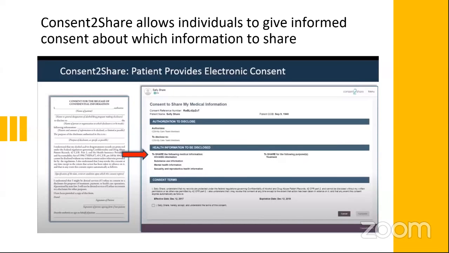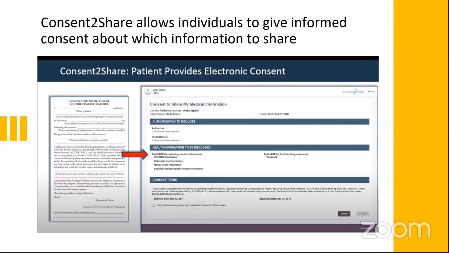The way it typically works, if a primary care, let's say, or medical home refers a patient to behavioral health, then the patient can affirm their consent to share their medical information with the behavioral health provider.